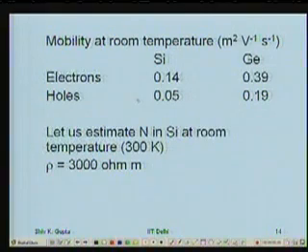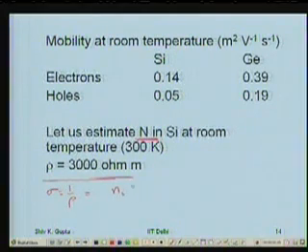Now that's the question, I said I would like to estimate this n, the number of electrons available near the top of the valence band which can be excited to reach the bottom of the conduction band. To do that, we do an experiment at room temperature, measure its resistivity, it turns out to be 3000 ohm meter. And conductivity, which is sigma, is 1 upon rho.